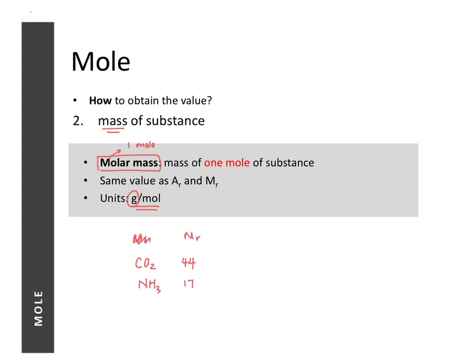So what is the molar mass for these two substances or molecules? It has the same value, just that now there is a unit. The molar mass for carbon dioxide is 44 grams per mole, and the molar mass for ammonia is 17 grams per mole.